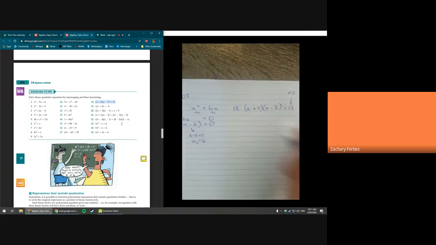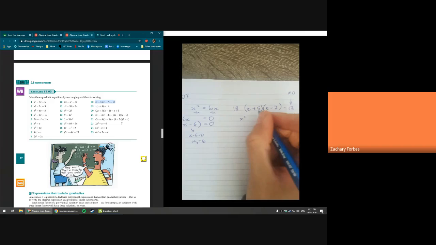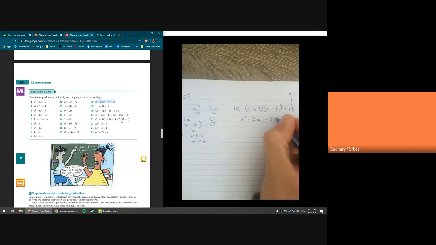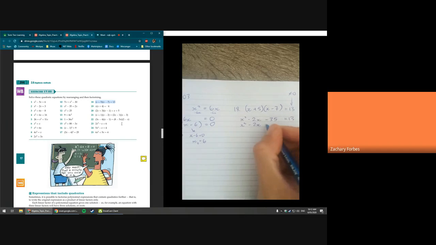So let's do that. X squared, so it's a minus 7 and a plus 5, so we're going to get minus 2x, and then minus 35 equals 13. We're then going to minus 13 off both sides. X squared minus 2x minus 48 equals 0. Now we're in quadratic form.